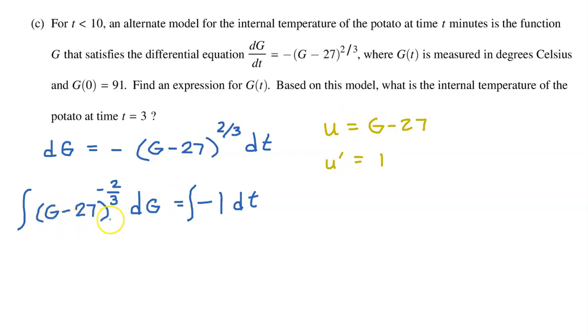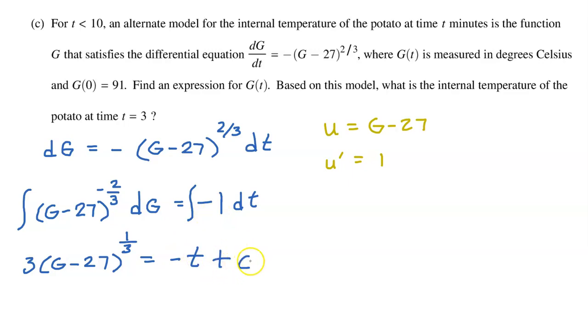Using the power rule of integration, we take the u and add 1 to the exponent. That's going to make positive 1/3. Then we divide by the new exponent. Dividing by 1/3 is the same as multiplying by 3. And yes, this is u. Normally I would say plus c right now, but I'm going to save the plus c for the right-hand side of the integral. The antiderivative of negative 1 is negative t plus c.